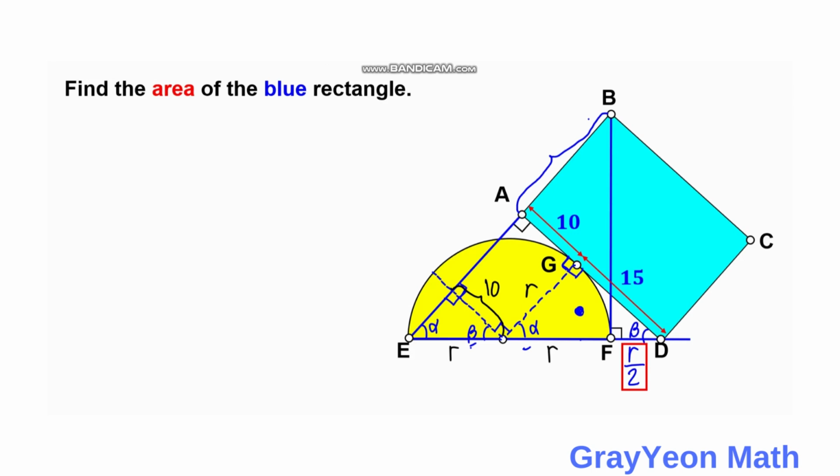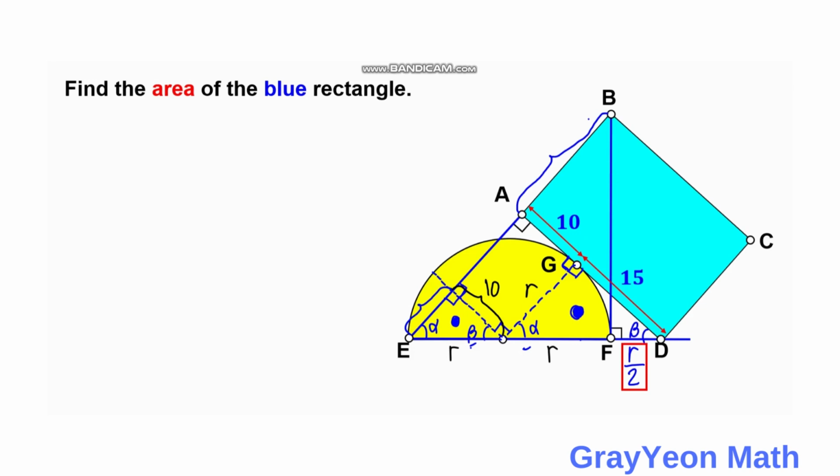So if we compare that on this other triangle, this smaller one, it has a missing detail here. So let us find this length with respect to the ratio and proportion of this larger right triangle.